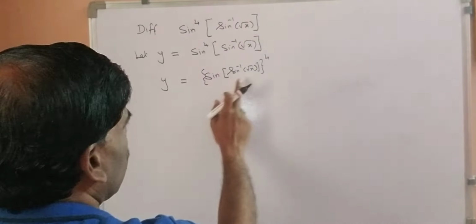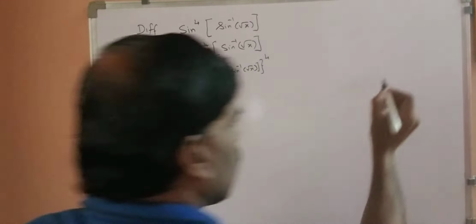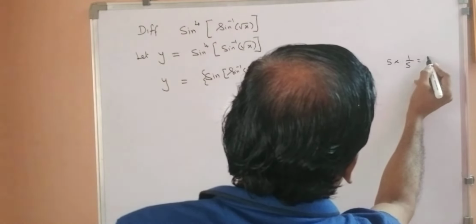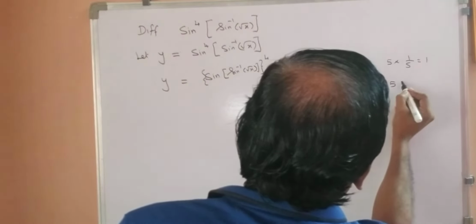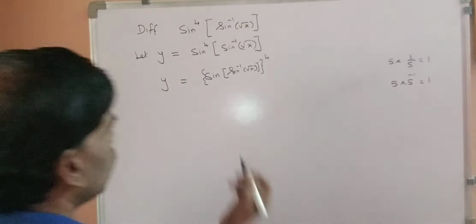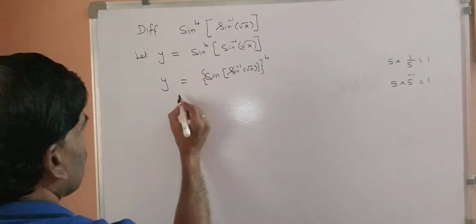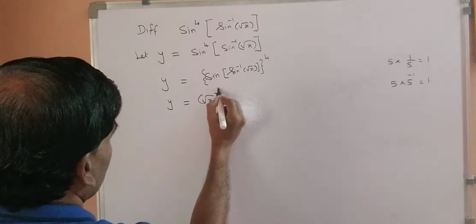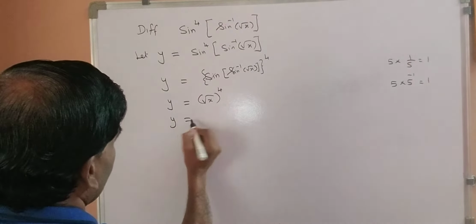See, why is sin of sin inverse 1? Because suppose 5 into 1 upon 5 equal to 1, or 5 into 5 inverse equal to 1. Similarly this will get cancelled. So y equal to square root of x to the power 4. What is that?